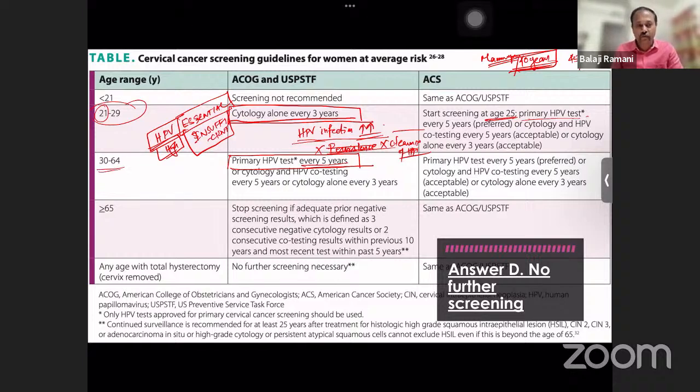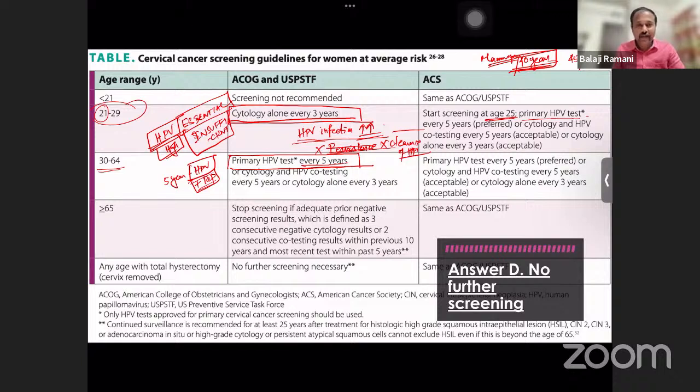Currently the recommendation is to do only HPV testing once every 5 years, from the age of 30 till the age of 64. That is enough. Or some people say do co-testing with pap smear as well. Now, this pap smear is actually not needed, because even if you find other abnormalities, provided high risk HPV is negative, you can leave it. There is no need for any other testing.